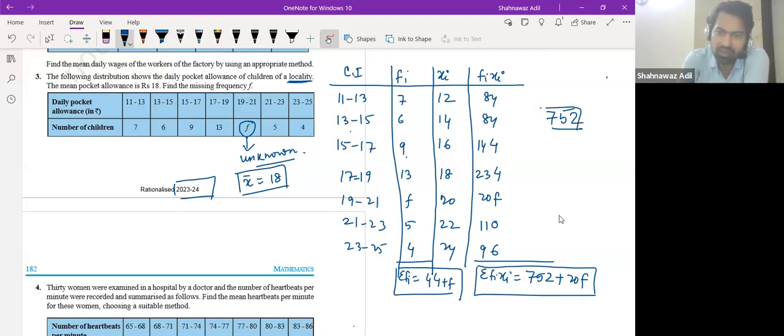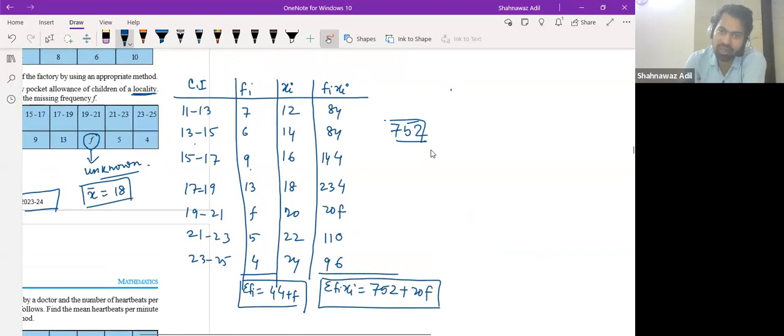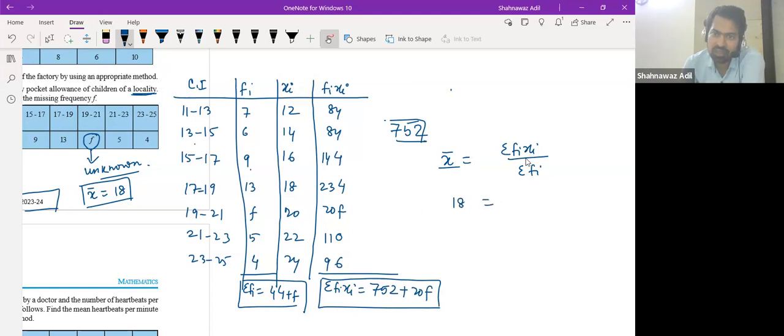So now we have summation of fi xi and summation of fi. So mean would be how much? Summation of fi xi divided by summation of fi. The mean we already know is 18, and summation of fi xi is 752 plus 20f divided by 44 plus f.